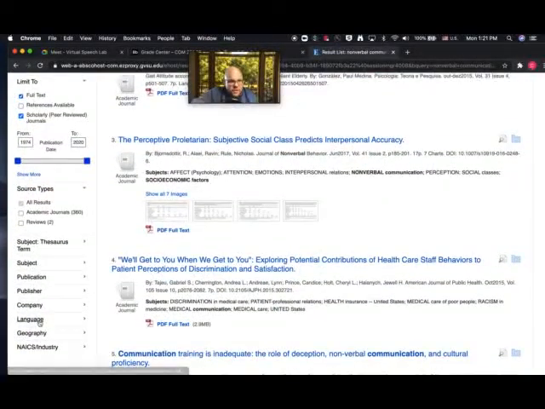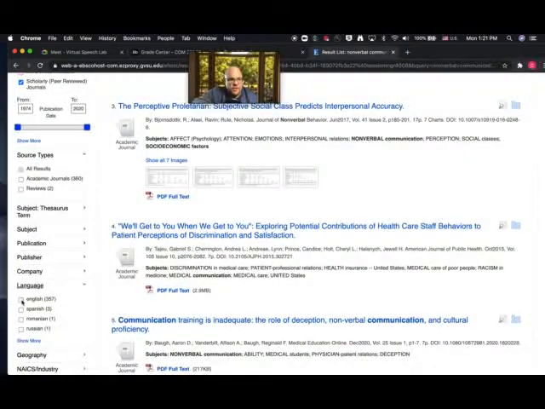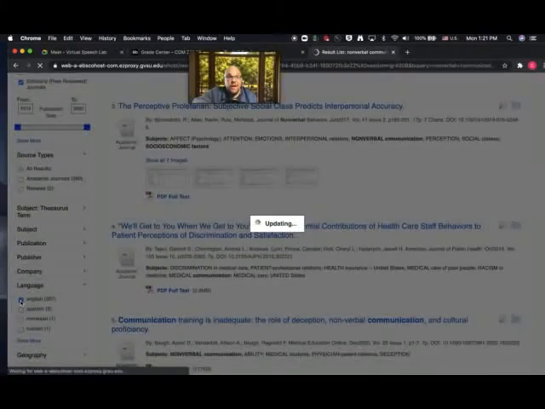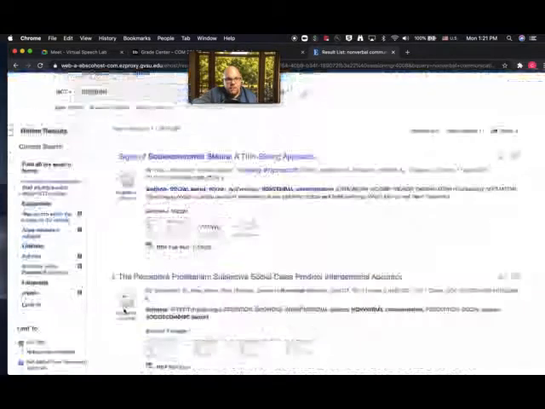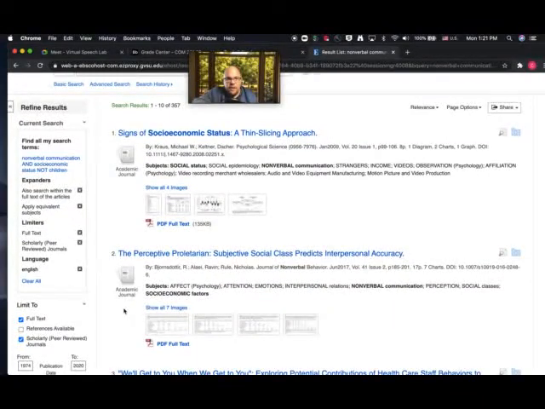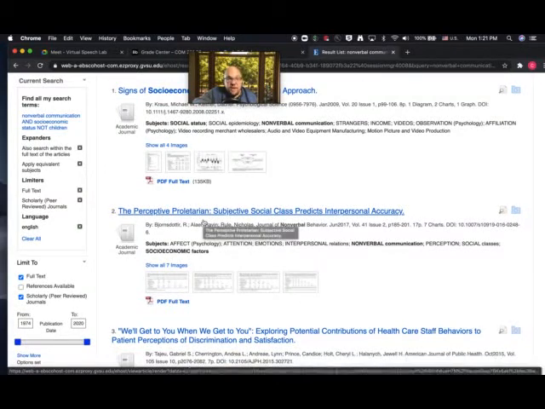Now, we can also do, because I don't think that English is the only language that produces good academic research. That's just not true, but it's the only one I can read. A little French, but that's it. So I'm going to go ahead and select only English. That got rid of the document I couldn't read. And so now I can get in a little deeper. I've got 357 articles to sort through now, and that is so much better than 3,000.